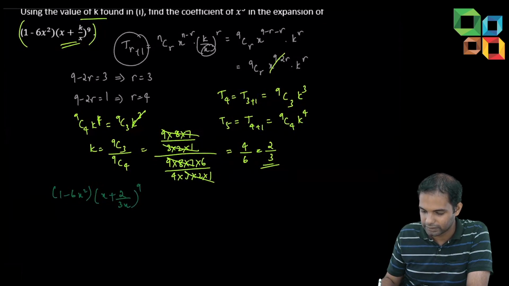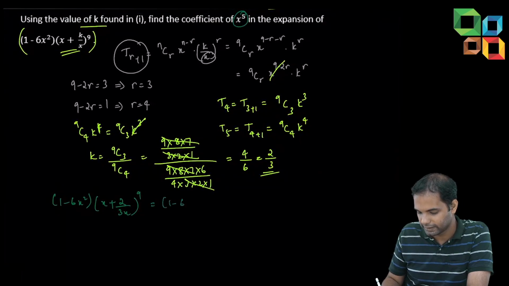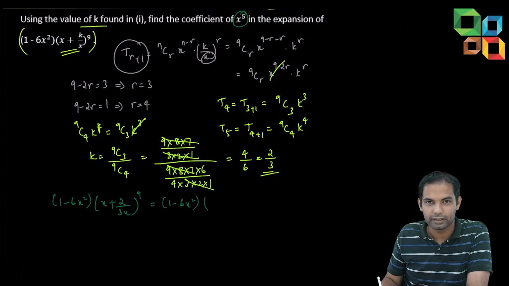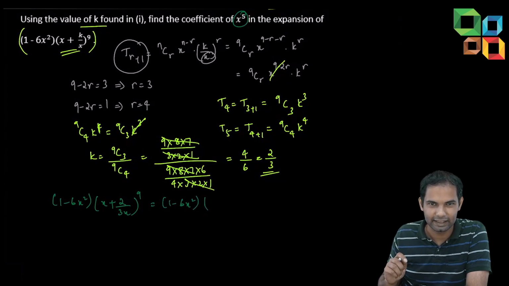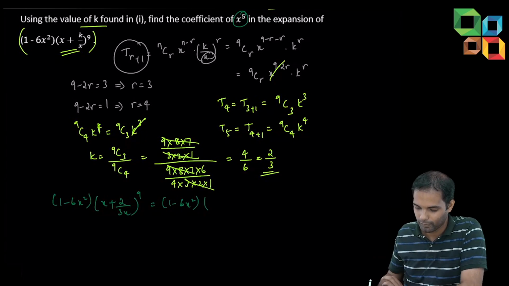I need x power 5. So 1 minus 6x square will remain as it is. Let me start with the decreasing order. Or you can start from below, but let us see what the terms are instead of getting confused.